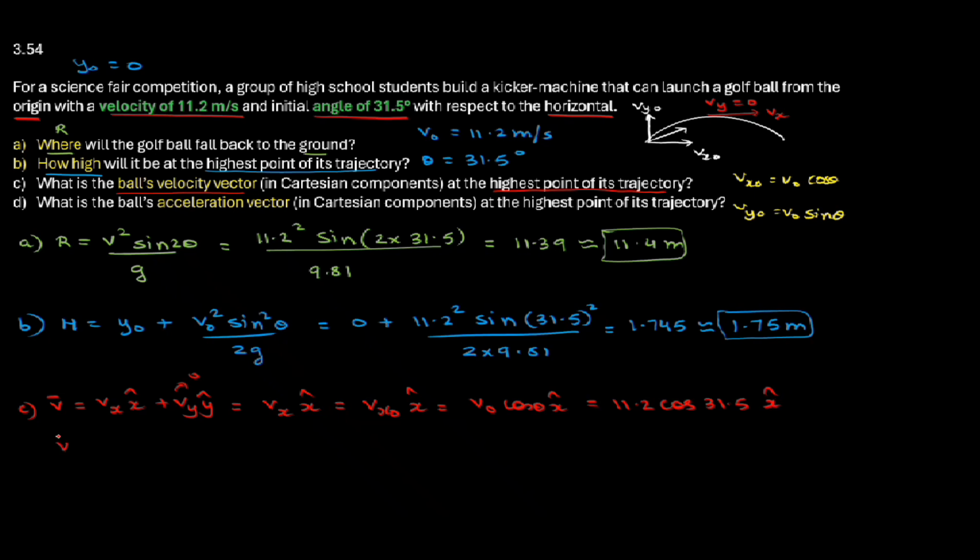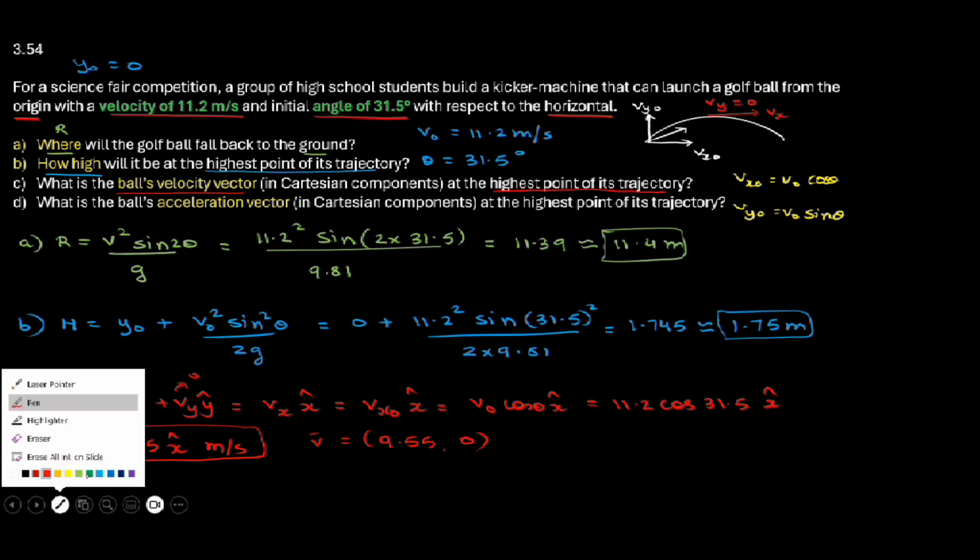That gives me the velocity vector to be equal to 9.55 x cap meters per second. And the same thing you can write in component form: v bar equals 9.55, 0.